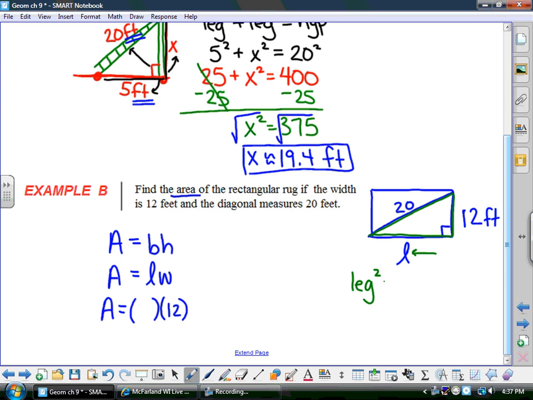Leg squared plus leg squared equals hypotenuse squared. So 12 squared plus L squared equals 20 squared.